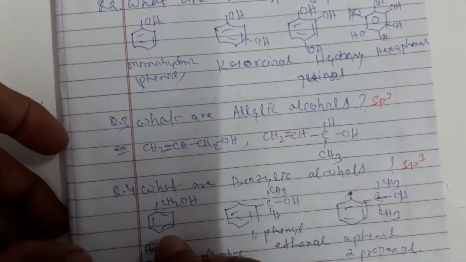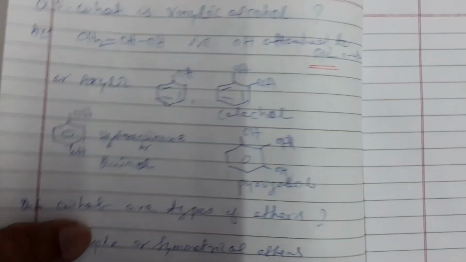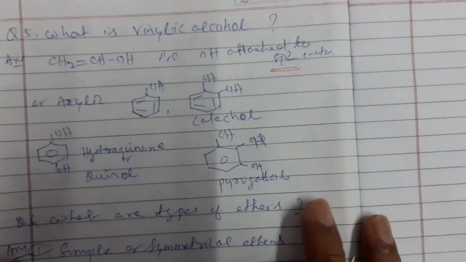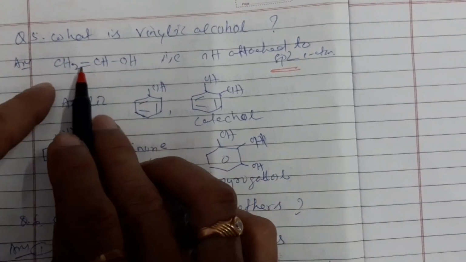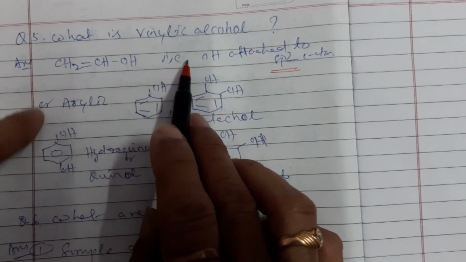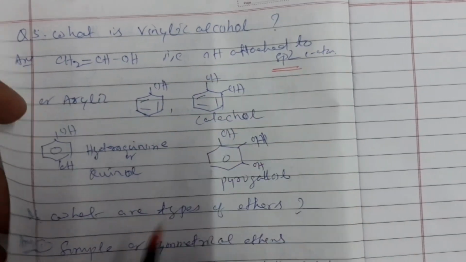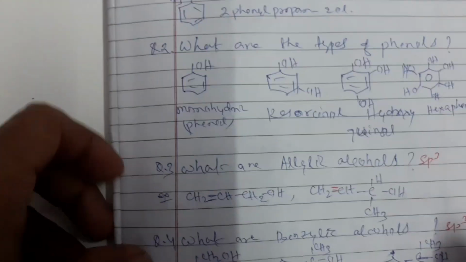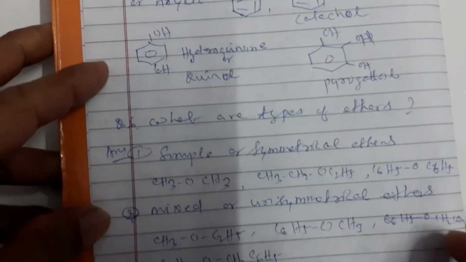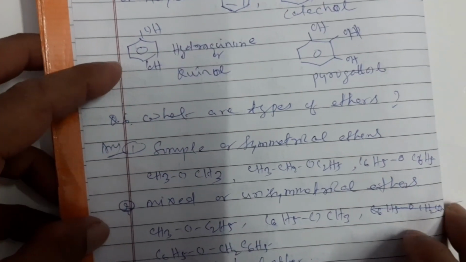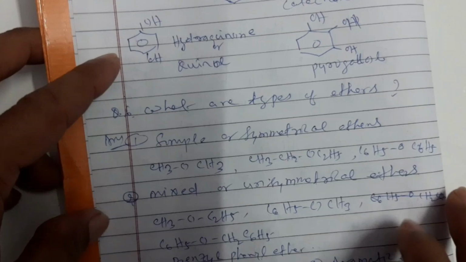So question numbers 3 and 4 are similar. Similarly, question number 5, you see this is vinylic and this is arylic. These are sp2 hybridized carbon atoms. Okay. So these are the confusing points, so you have to clear your confusion.